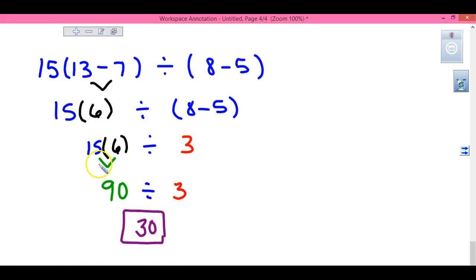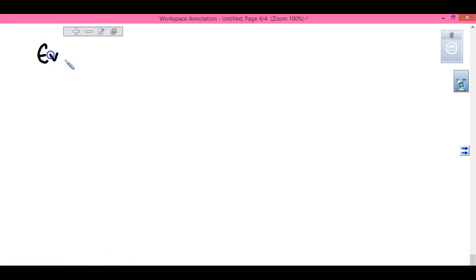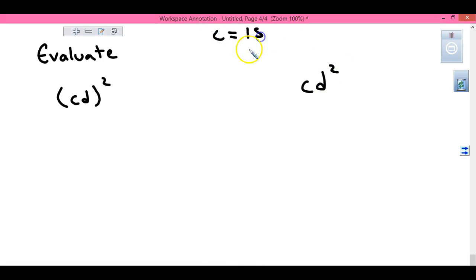So how is this problem different from previous ones? There's parentheses and we started with the parentheses. So we have to evaluate (CD) squared, and we also have to evaluate CD squared, where C is equal to 15 and D is equal to 12.